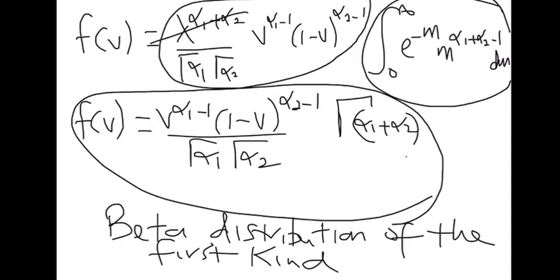Make use of the joint function of u and v, right? I find the marginal distribution of v, and that is how I arrive at this. I also want you to use the marginal distribution of u, that f of u. And I'm going to tell you, it will lead you to a gamma distribution where the parameter is going to be alpha 1 plus alpha 2 comma lambda. I just wanted you to try that.